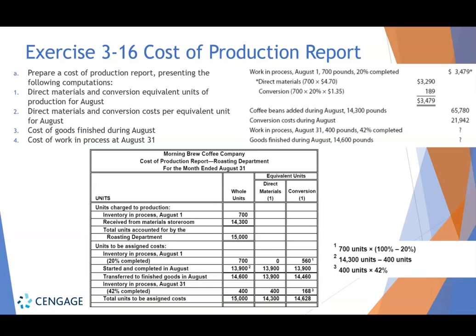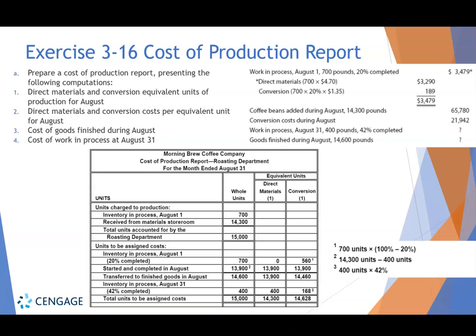So we started and completed really 13,900 units, because we need to be aware of total units to be accounted for as the 15,000 units. And we know that if we had 400 units on hand at the end of the period, and we had 700 units on hand at the beginning of the period, we have to account for the entire 15,000.